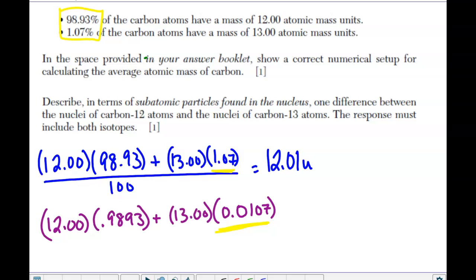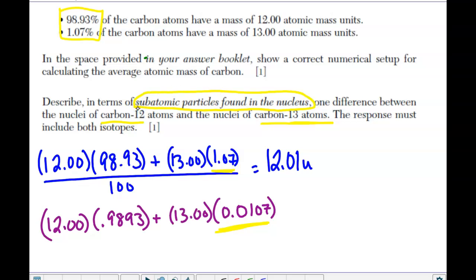All right. Describe, in terms of subatomic particles found in the nucleus, one difference between the nuclei of carbon-12 and the nuclei of carbon-13. Your response must include both isotopes. So, in your answer, you need to have carbon-12 and carbon-13 and it needs to be in terms of subatomic particles found in the nucleus.